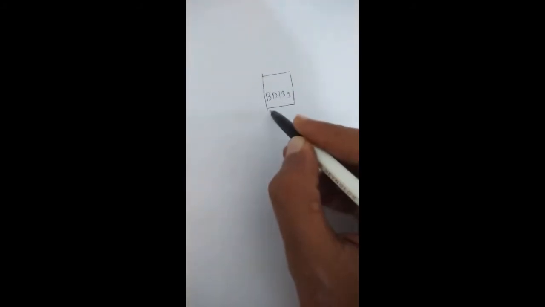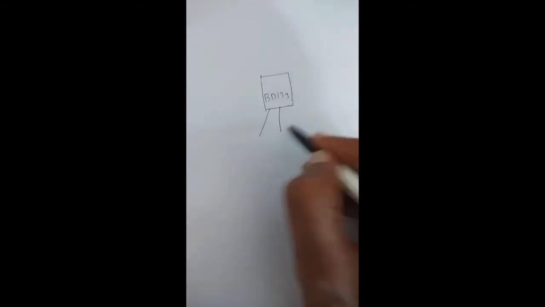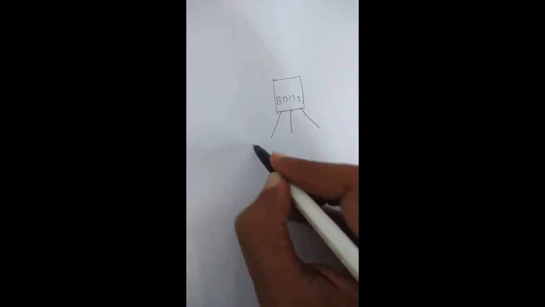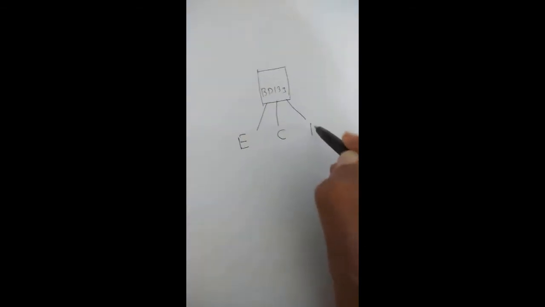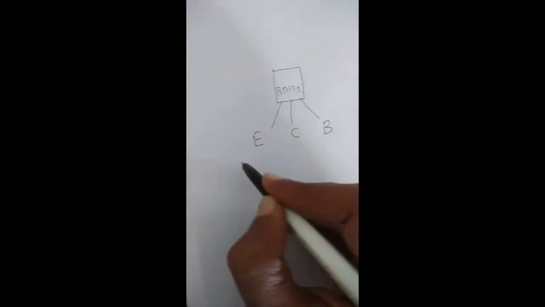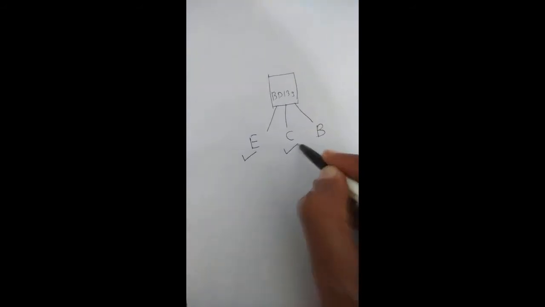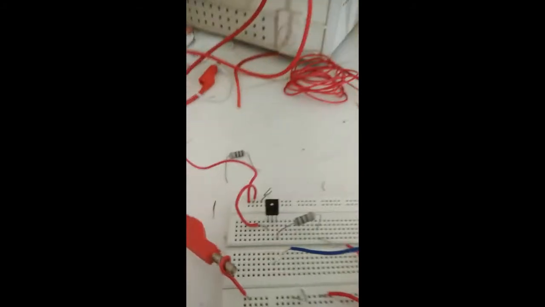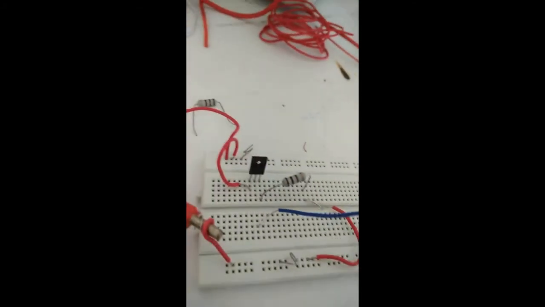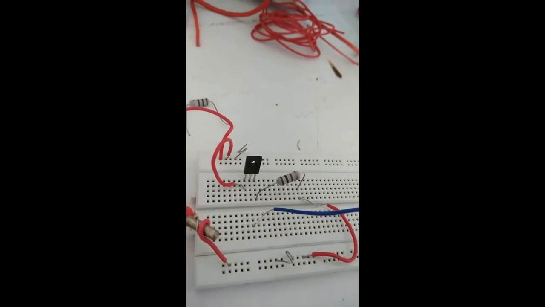BD139, 3 terminals, E, C, B, emitter, collector and base. These are the 3 terminals of this power transistor E, C and B, emitter, collector and base.